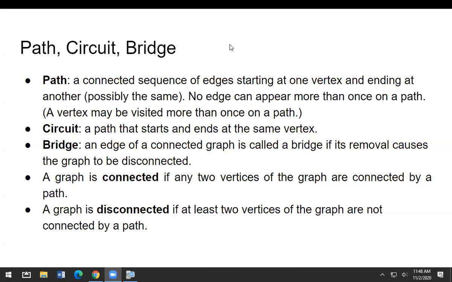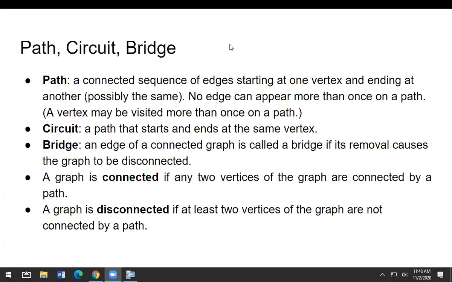So here is some vocabulary you have to understand. Path, circuit, bridge are different things. I said that at the beginning, right? A path is a connected sequence of edges, starting at one vertex and ending at another. Well, it can be the same too.